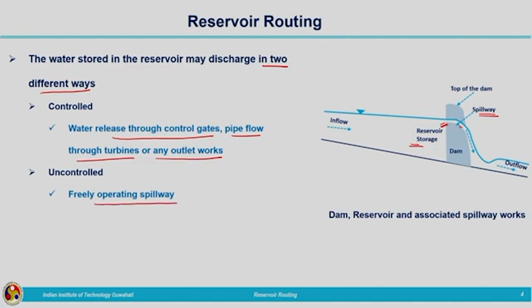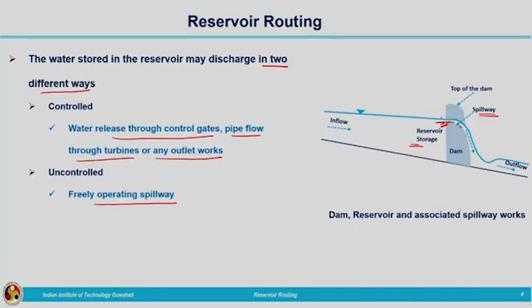In the case of controlled release, some control structures will be present for the spillways. These control gates will be operating according to the requirement of the release. During the monsoon time, the water level in the reservoir will be increasing beyond a certain level, then these gates will be completely opened, allowing the water to discharge towards the downstream side.